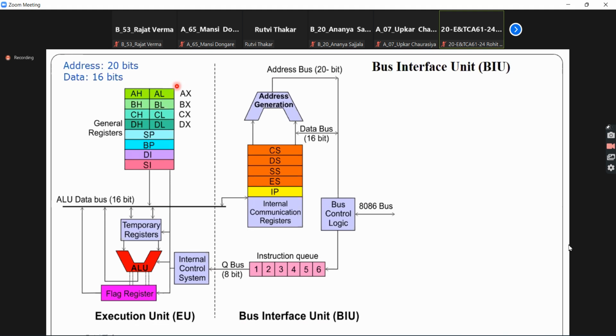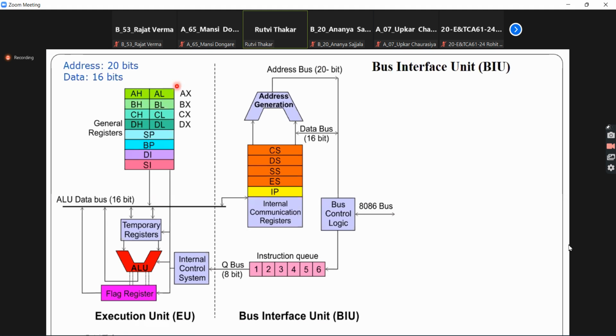So whatever operations we do, the collection of the results is taken in the accumulator. So I can say the accumulator is the most important register in 8086. All the operations that we do, the answers will be stored in the accumulator.